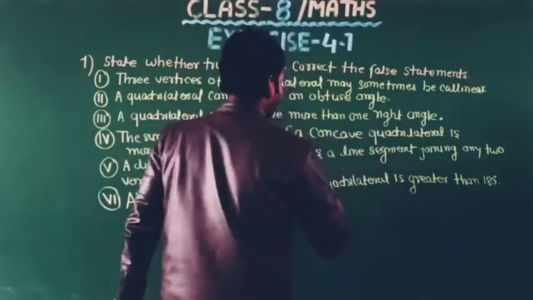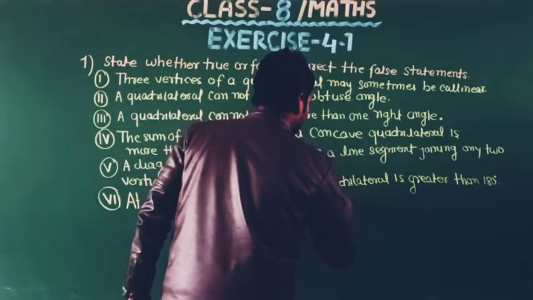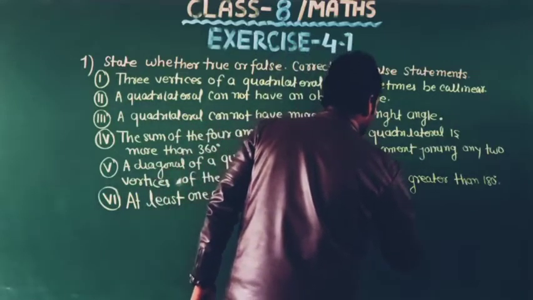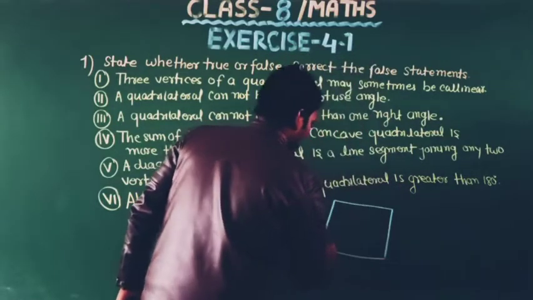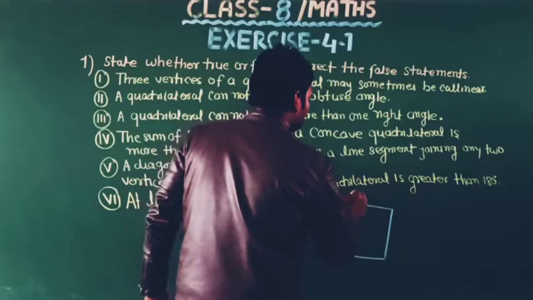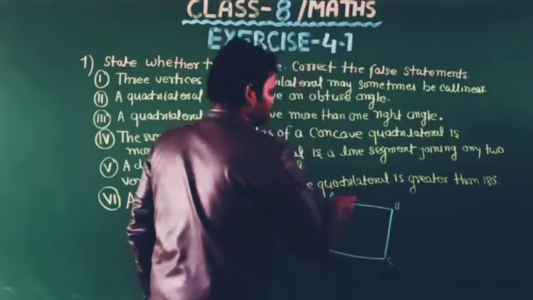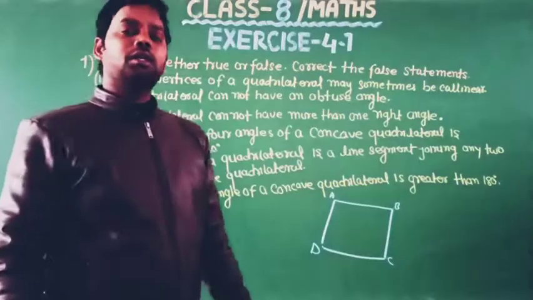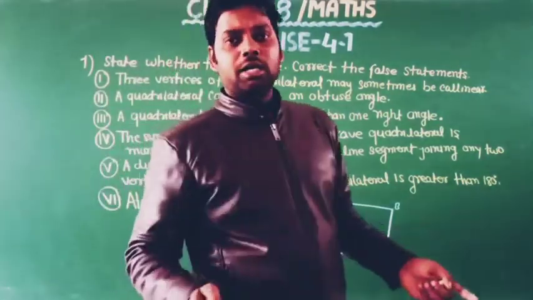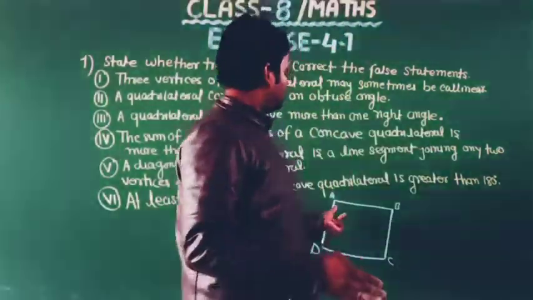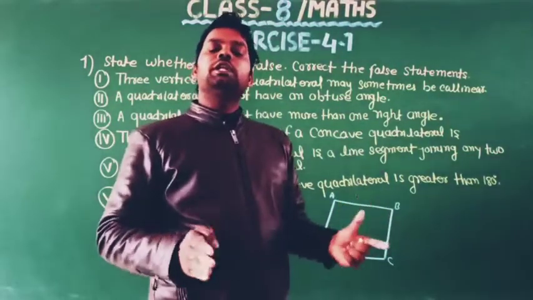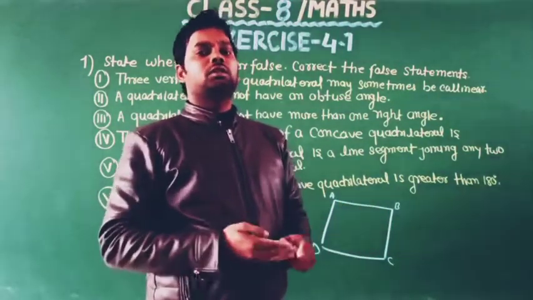But in a quadrilateral, suppose this is a quadrilateral with vertices A, B, C, D. In a quadrilateral, a line does not contain more than 3 points.